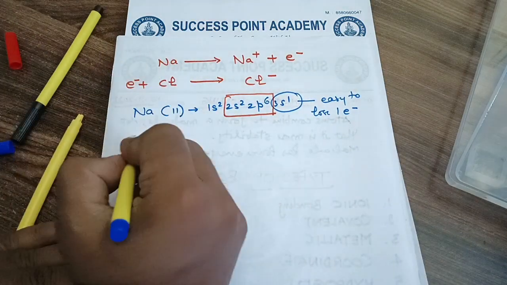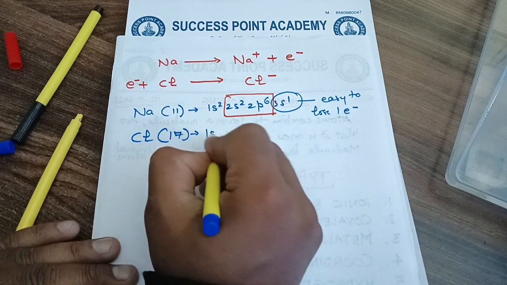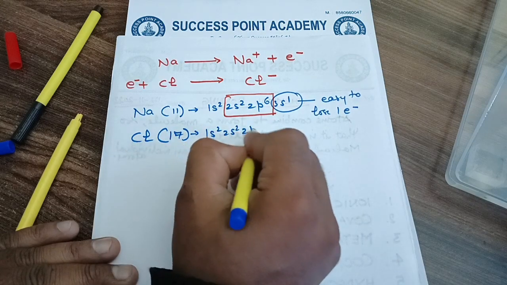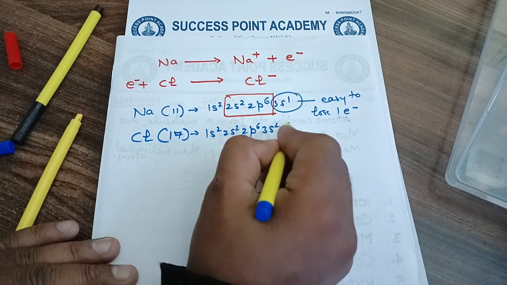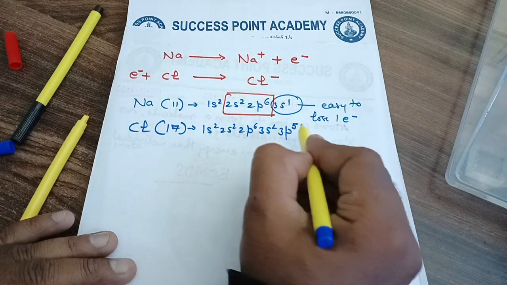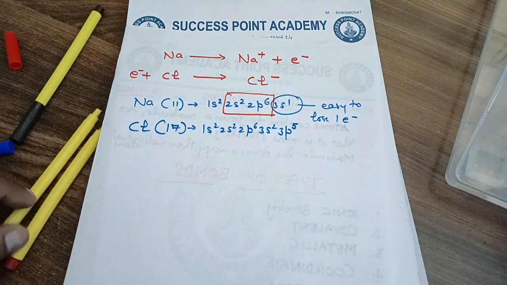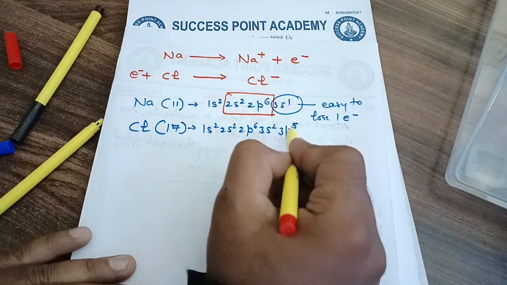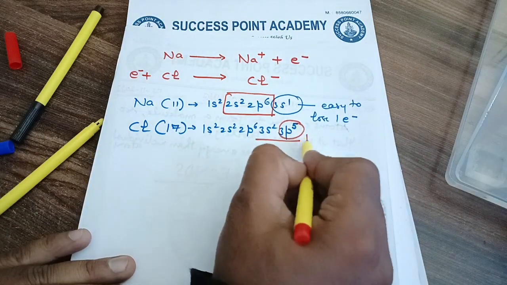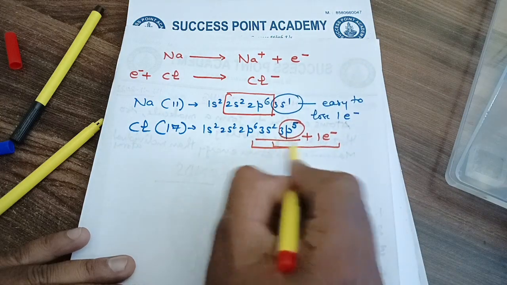And in the case of chlorine, its atomic number is 17. So it has 1s2, 2s2, 2p6, 3s2, 3p5. Here it has 7 electrons in its outer shell. If it gets one more electron, its octet will be fully filled with 8 electrons.